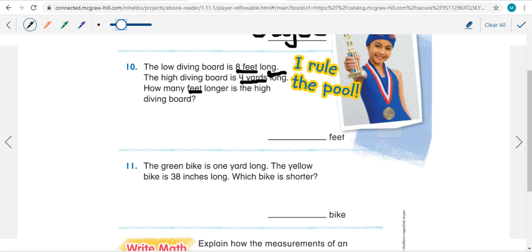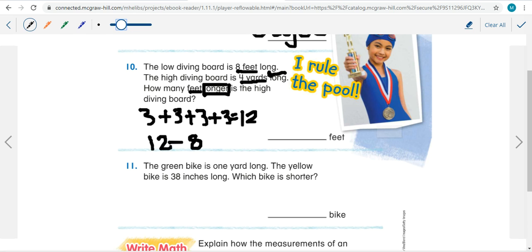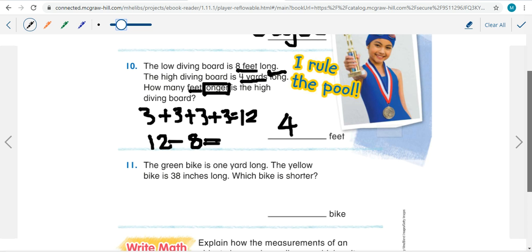So let's add 3 plus 3 plus 3 plus 3, which is equal to 12. So the high diving board is 12 feet and the low diving board is 8. How do we know which one is longer? This word is telling me already that to find the difference we need to subtract. So we are going to subtract 12 minus 8, which is equal to 4 feet. The answer is 4 feet.